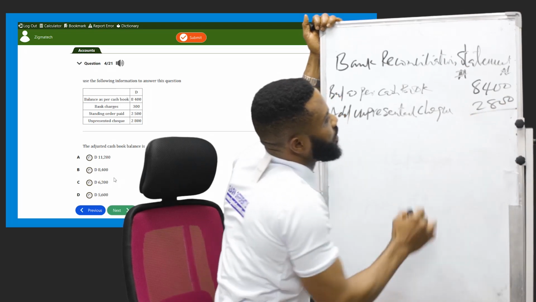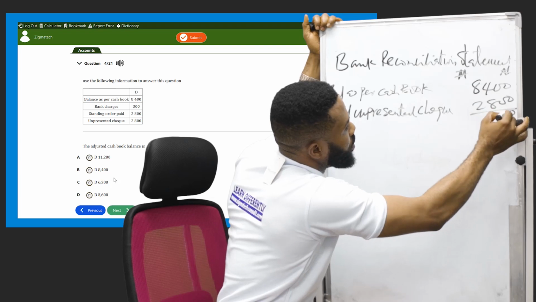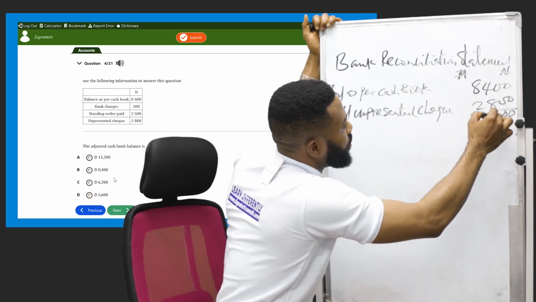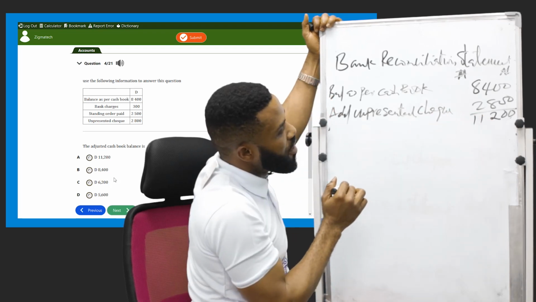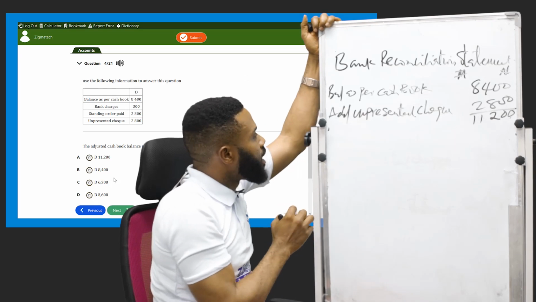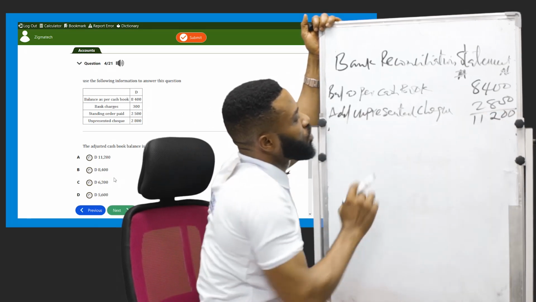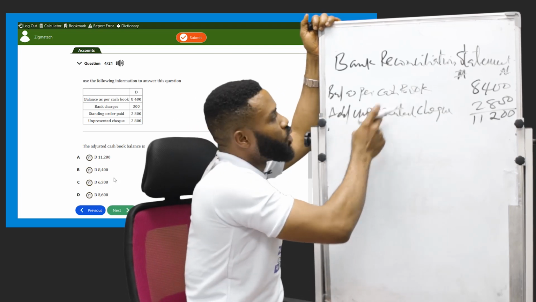Now, add 2,800. This is 0, this is 0, this is 12, you carry 1, this is 10, 11. That's 11,200. Correct. This is what we have arrived at when we added the unpresented check to the balance of the cash book.